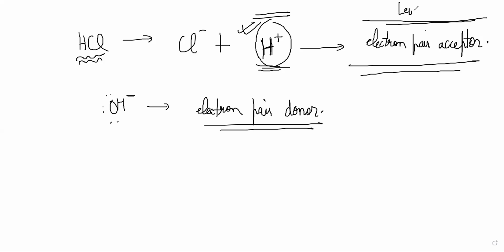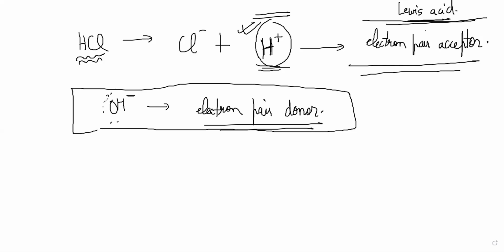So this is a Lewis acid definition. It is a Lewis acid if it is an electron pair acceptor, and this is an electron pair donor. OH minus is an electron pair donor because it has an extra pair which can be donated to something and form a bond, right? So this is a Lewis base.